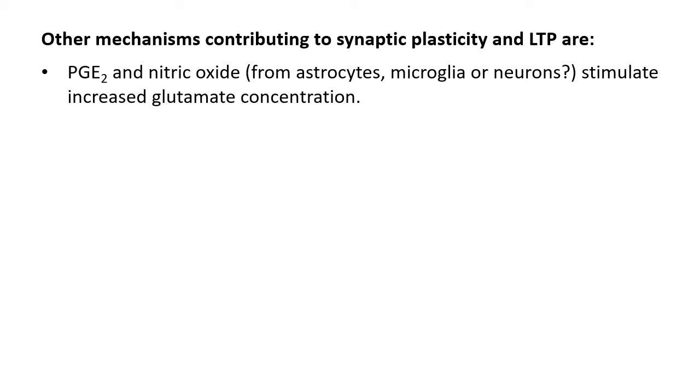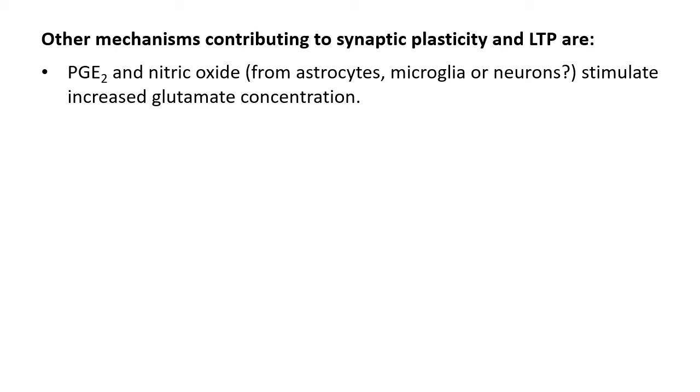In addition, the concentration of glutamate within the synaptic cleft is thought to be increased by the action of prostaglandin E2, PGE2, and nitric oxide. But the source is controversial, whether it's the glial cells such as the astrocytes or microglia, or from the neurons themselves.